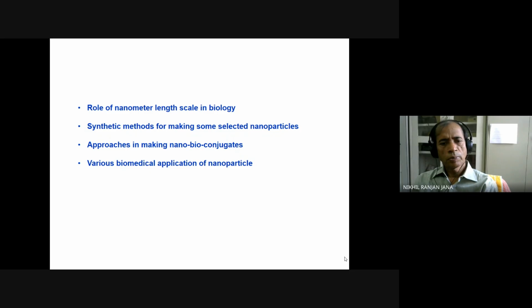After that I will discuss a few methods of making nanoparticles and nanobioconjugates. That's mostly a chemistry aspect. And after that, I will discuss mostly how we use these nanoparticles for different biomedical applications and various approaches of making nanobioconjugates and how we use them.